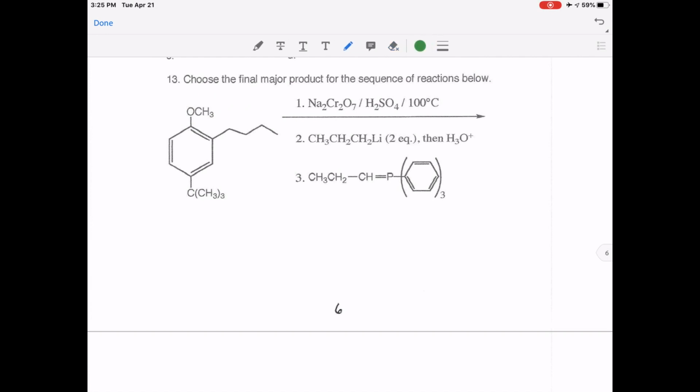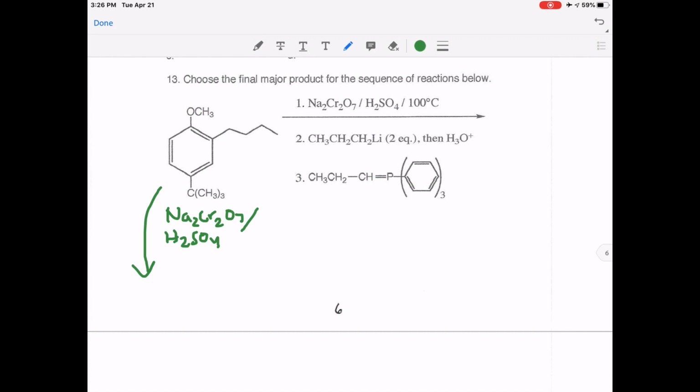For our first reaction, we are adding the Jones reagent, which in this case is prepared using the 2 reagents that are given at high temperature, 100 degrees Celsius. When we use this reagent on a phenyl ring, we might be tempted to oxidize both of the alkane groups that are attached to this ring.